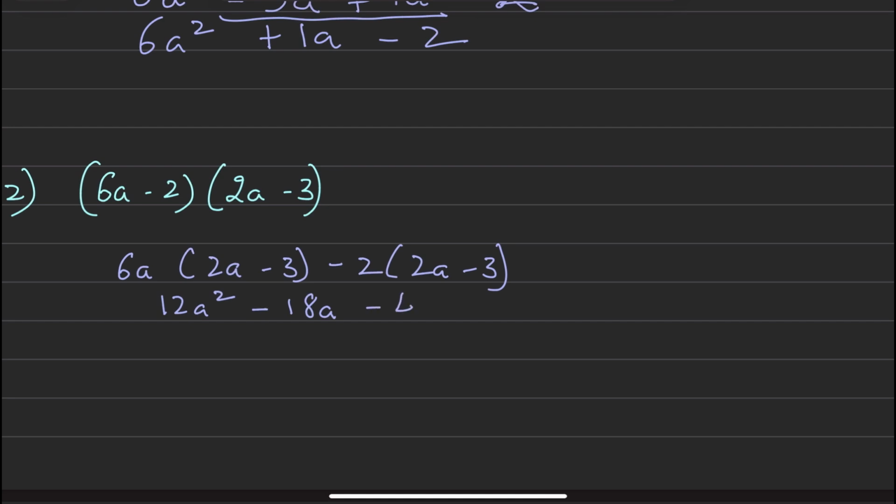So negative 4a. Which is the last part that we are supposed to do? This with this. So negative and negative is positive 6. So 12a square minus 18 minus 4 is minus 22a plus 6. We cannot do anything further to this because they all are unlike terms.